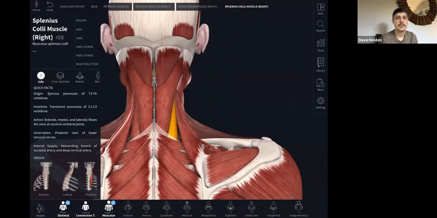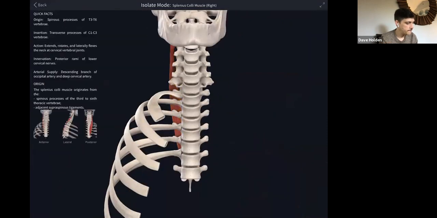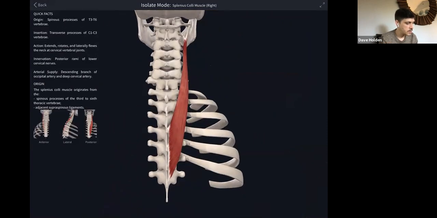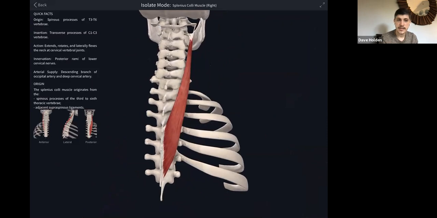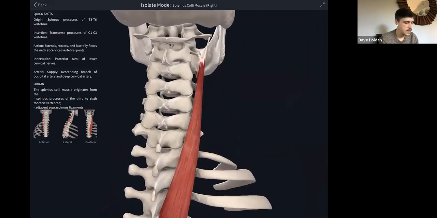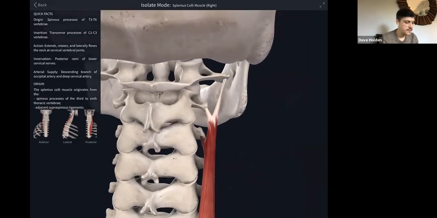This muscle is also called splenius coli. That's what it's called here on this app, but this is in fact the same muscle as the splenius cervicis. So spinous processes T3 through T6, insertion, transverse processes of C1 through C3.